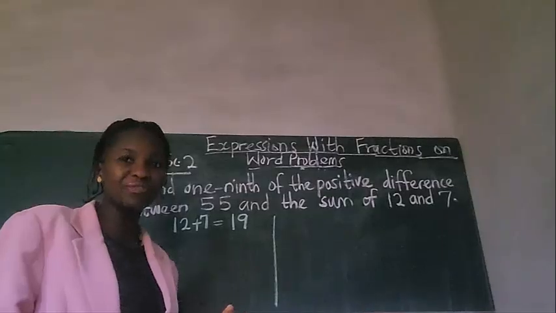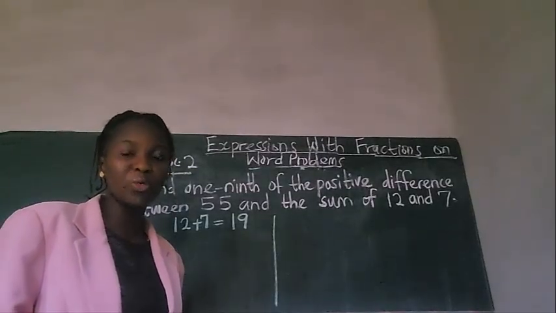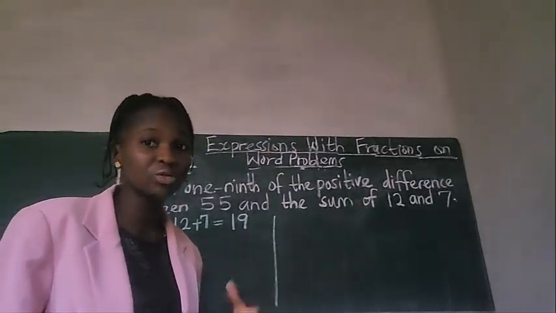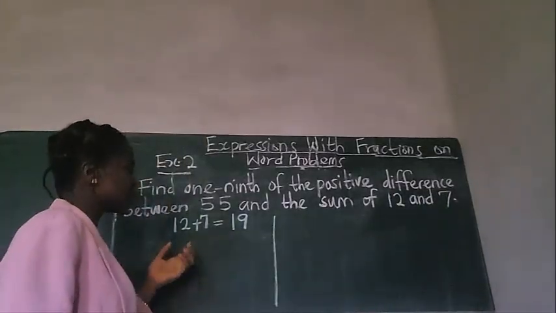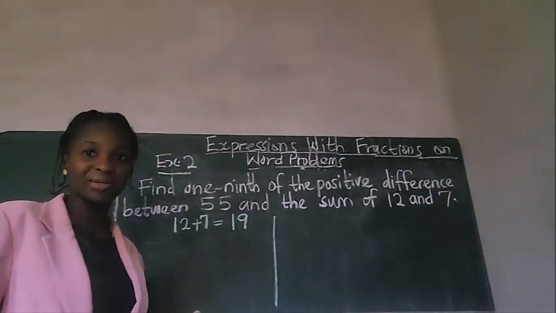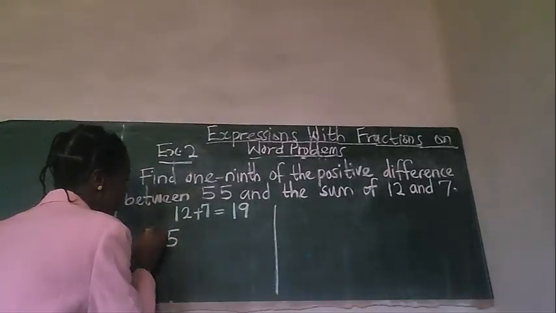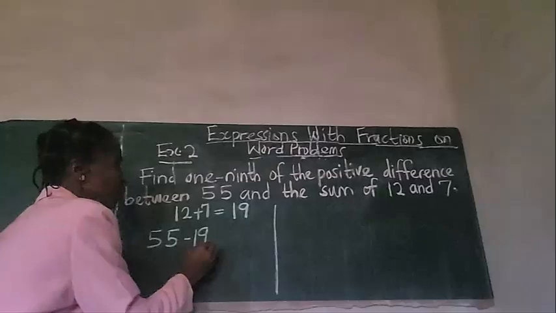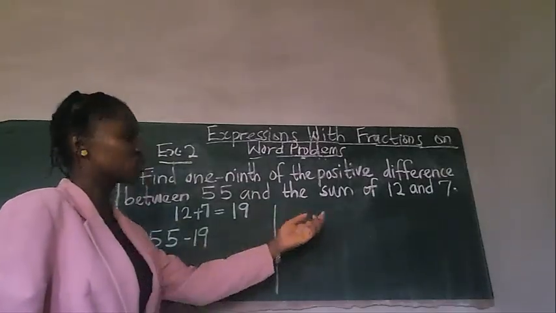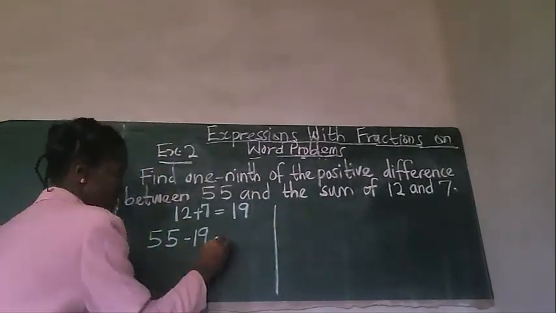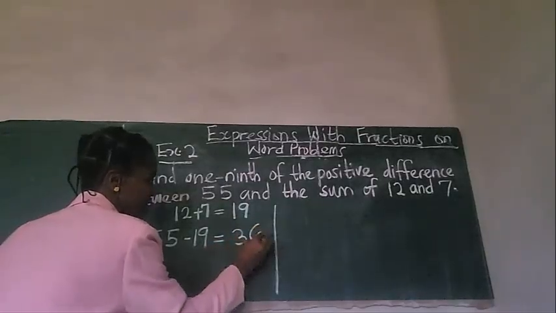And don't forget, positive difference means that we would have big number minus small number. So which one is bigger between 55 and 19? 55. So we have 55 minus 19, which is the sum of 12 and 7. That will give us 36.